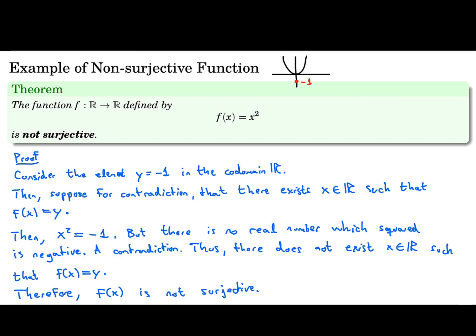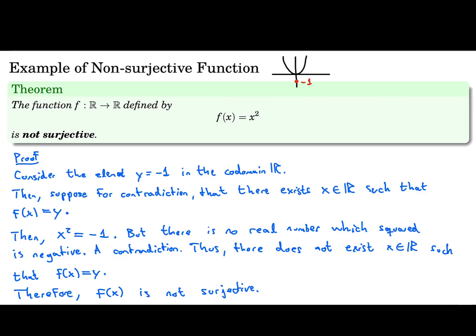So let's recap here. To show that this is not surjective, we need to just show that there exists some point in the codomain that is not the output of any input in the domain. In this case, we chose the point minus 1, and if minus 1 is the output of something, it would have to be such that x squared is equal to minus 1, where x is a real number, but that doesn't exist.